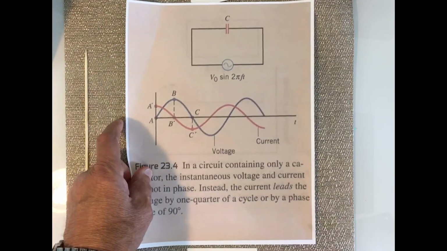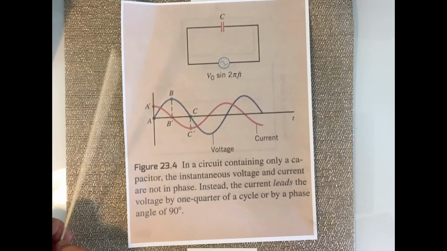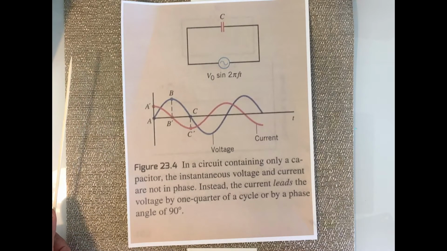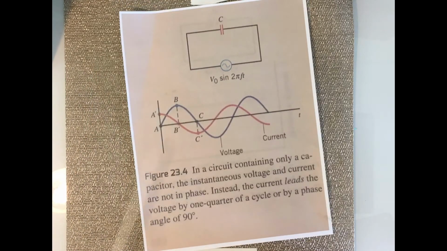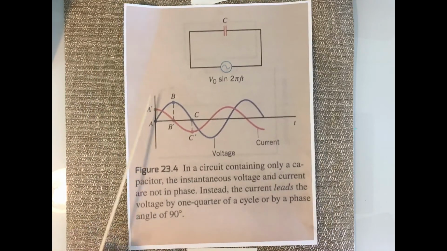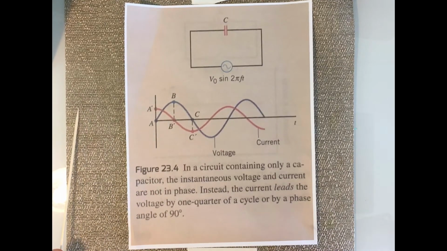This is a very interesting graph, as you will see, showing how the current and the voltage behave when you plug into an AC source. Look at the graph here on this side. On the x-axis you see the voltage, and red is the current.